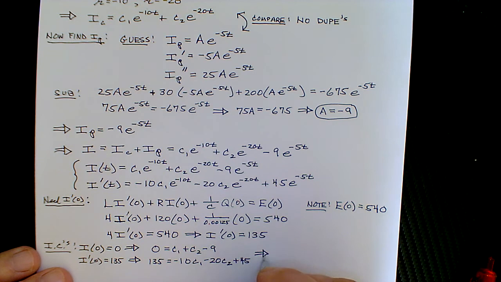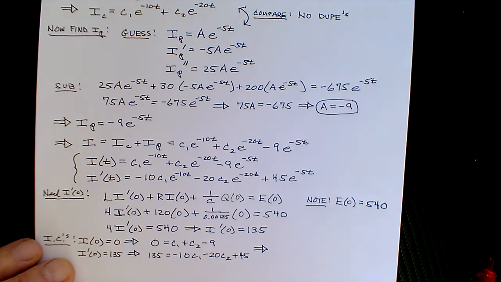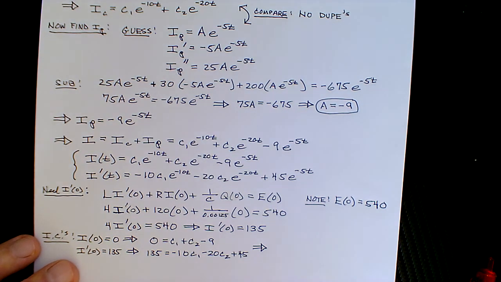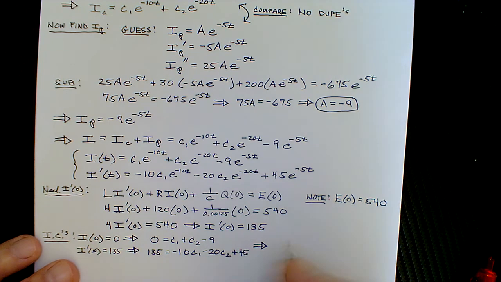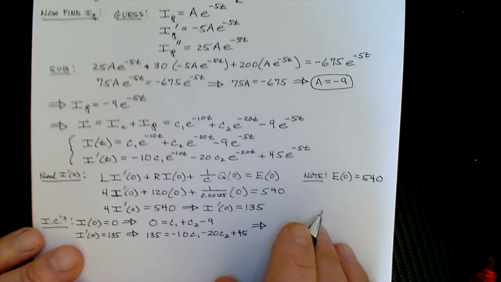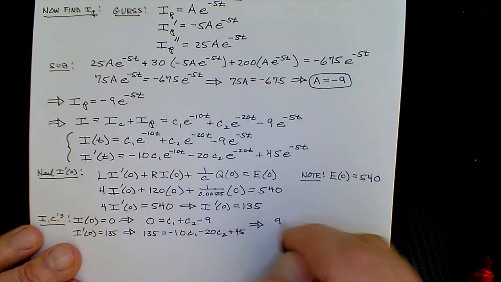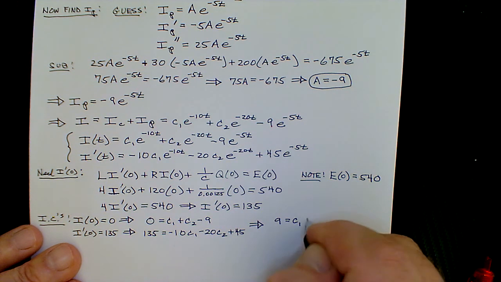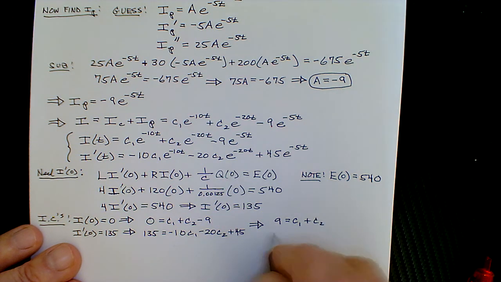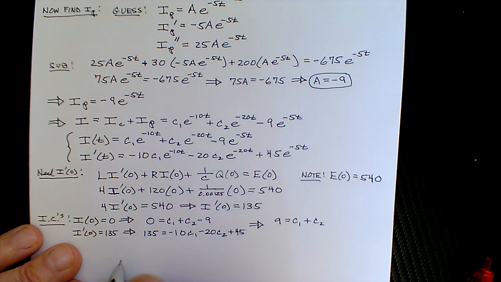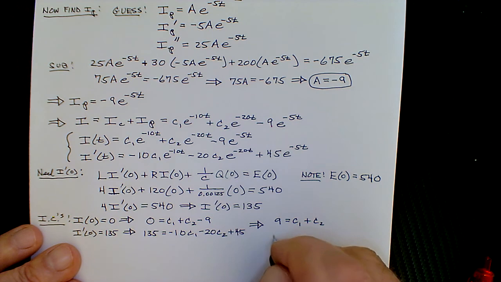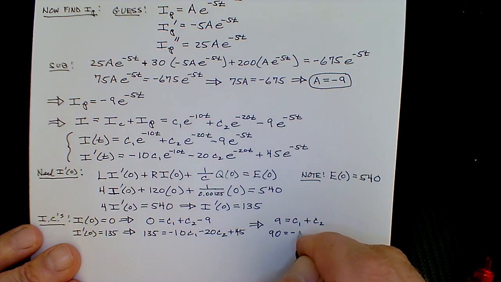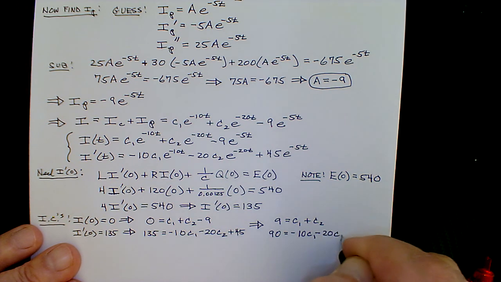Okay, and you could solve this system any way that you like. I think what I'm going to do is first just get the C1s and C2s on one side. So I have 9 is equal to C1 plus C2, and then subtracting 45 from both sides, we get 90 equals negative 10 C1 minus 20 C2.